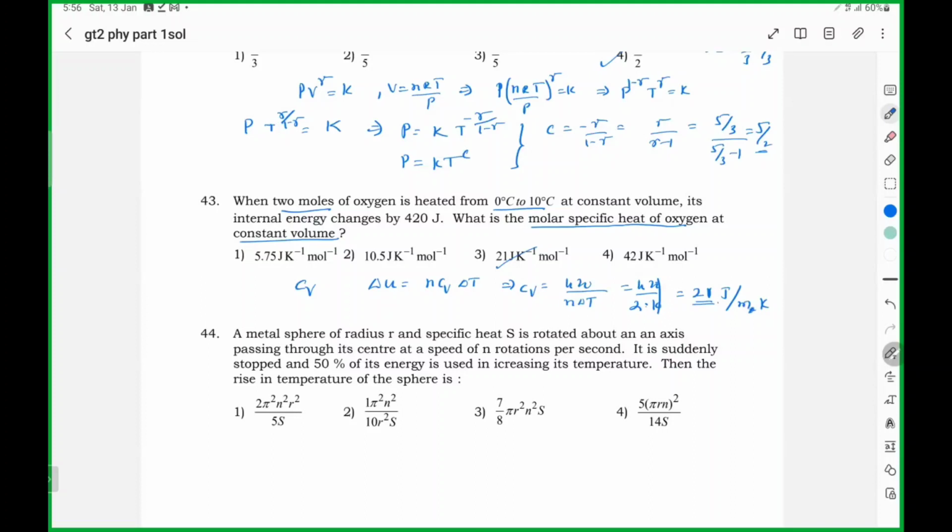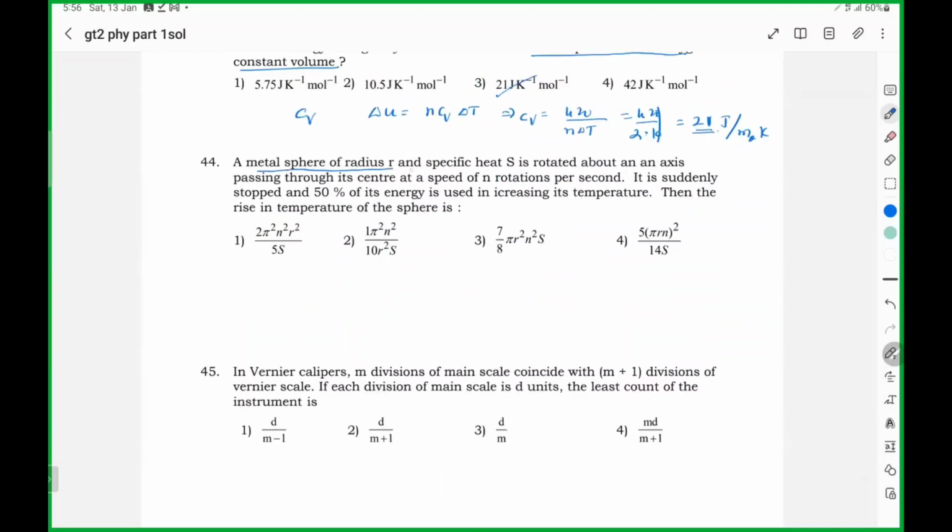A metal sphere of radius R is rotated about an axis passing through its center. Its speed is n rotations per second. Then its pure rotational kinetic energy is this.